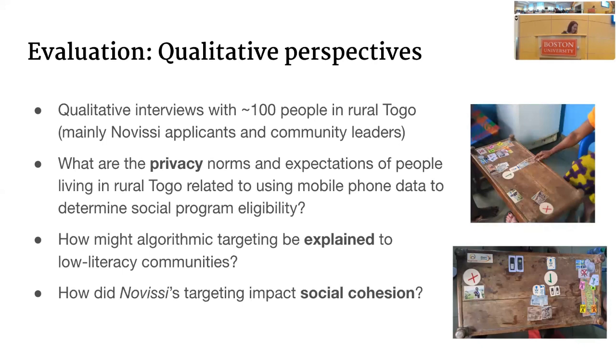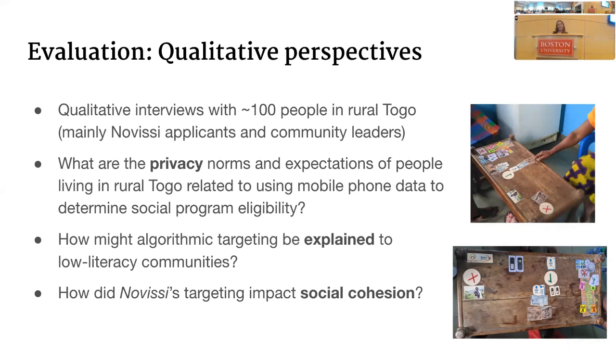And then lastly, something I'm really excited about these days, and again to my point earlier about the importance of looking at algorithmic externalities and how systems are really affecting people on the ground. It's been really cool to do a project in partnership with another PhD student at Berkeley, Zoe Khan, on trying to understand the perspectives of people who were impacted by this algorithm that was used to allocate cash transfers in Togo.